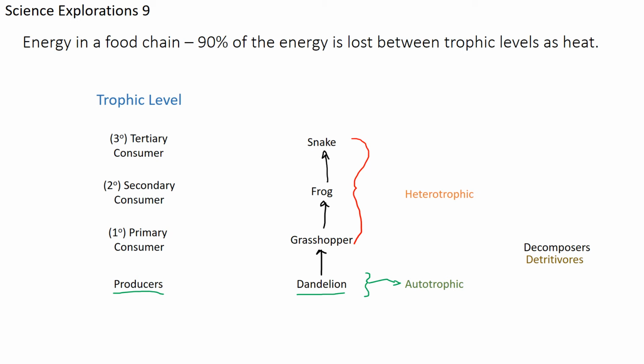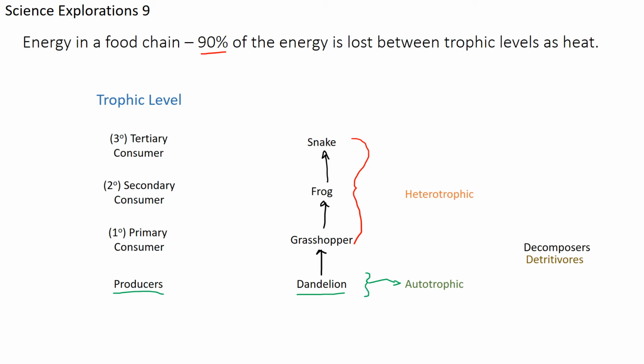We have a producer, and then our grasshopper is our primary consumer, our frog is our secondary consumer, and our snake is our tertiary consumer. But what I really want to note here is that in a food chain, 90% of the energy is lost between trophic levels as heat.